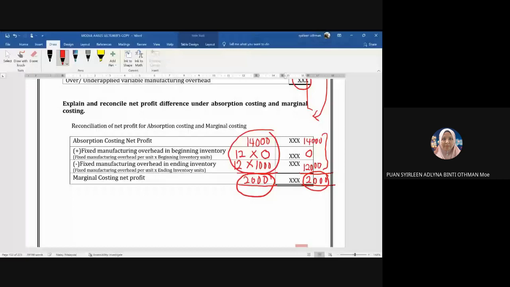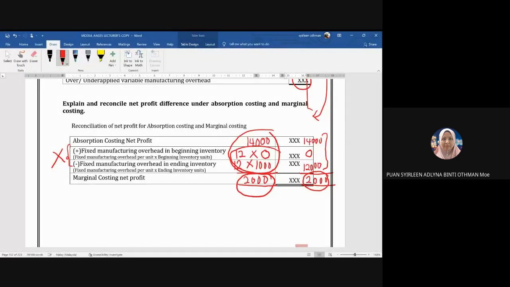Sebab dalam marginal costing, dua item ni tak ada. Jadi nilai tu yang missing. That's why bila kita buat absorption costing, your net profit you dapat 14,000. Tapi bila you buat marginal costing, your net profit you dapat 2,000 sahaja. Okay, so pergi mana missing tu? Missing tu di sinilah. So kita reconcile balik, kita dapatlah balik. Macam kita buat bank reconciliation tu kan. Nak tentukan balik baki dia supaya sama.